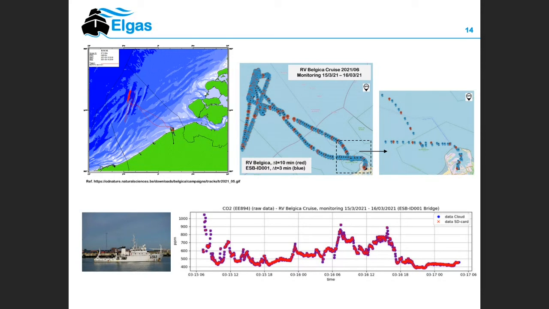In blue are the GPS data sampled every 3 minutes, and in red is the data from the GPS of the Belgica every 10 minutes. In the bottom, you see the comparison between the data from the cloud and data that is stored on the SD card. This graph shows you the raw data.